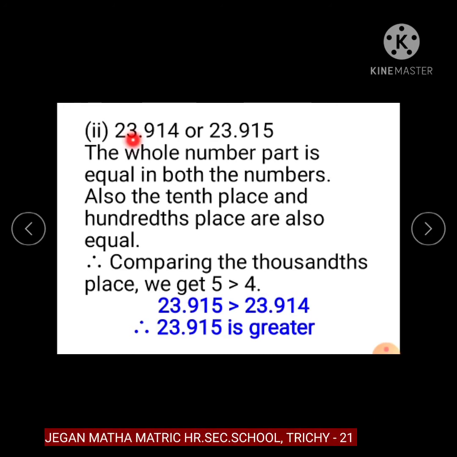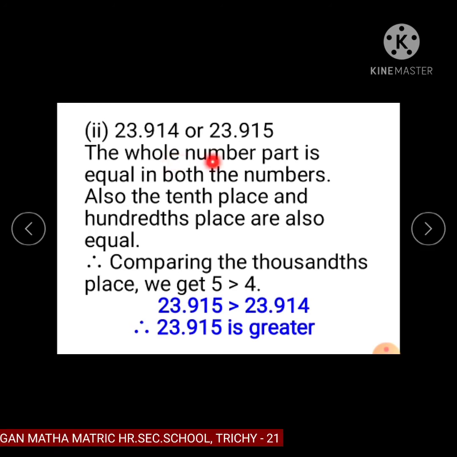Subdivision 2. 23.914 or 23.915. First, we compare the whole number part of the given numbers. The whole number part is equal in the two given numbers. 23 equal to 23. And then comparing the tenths place and hundredths place, they are also equal.